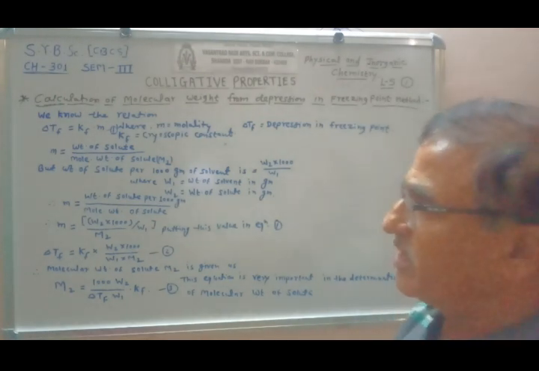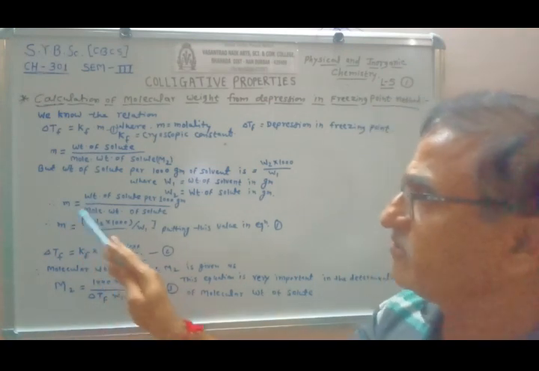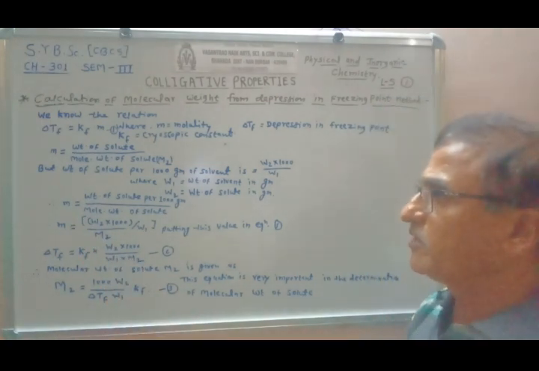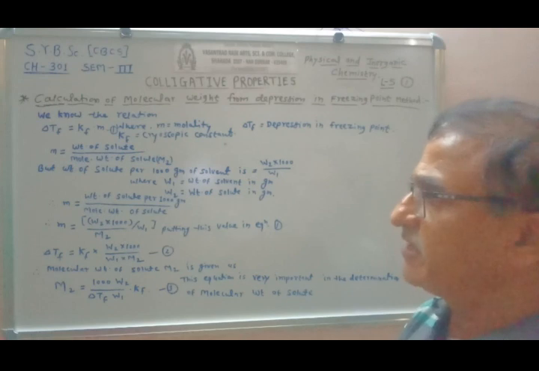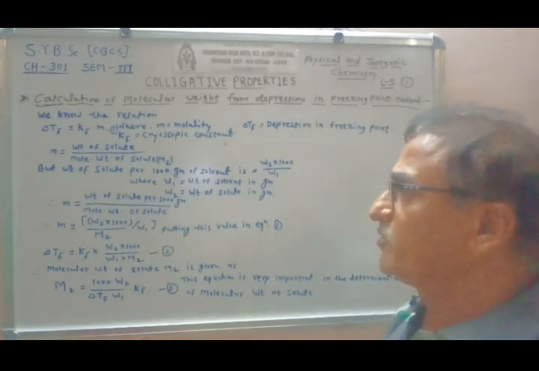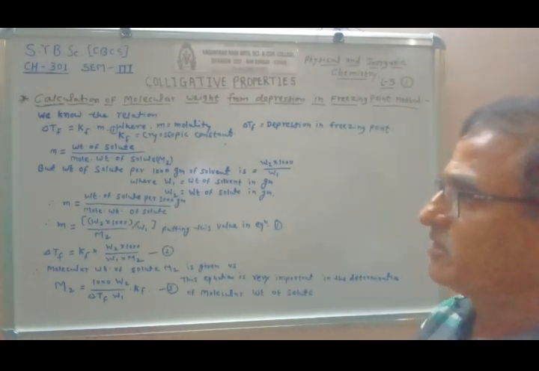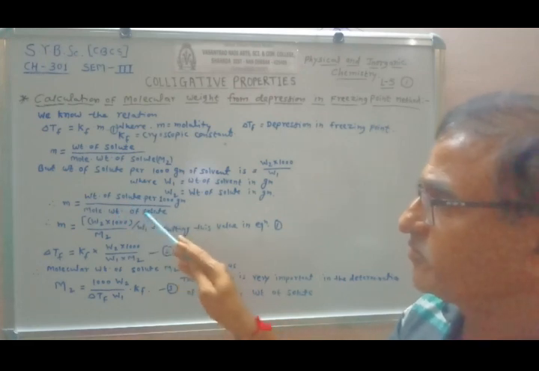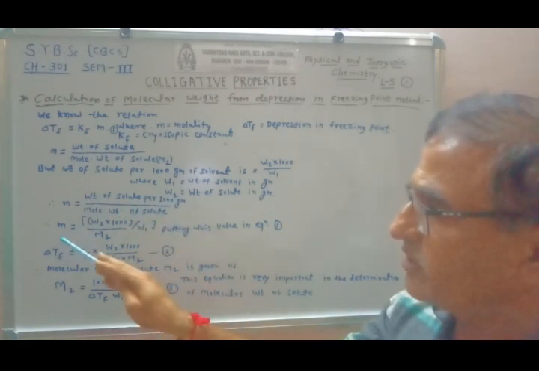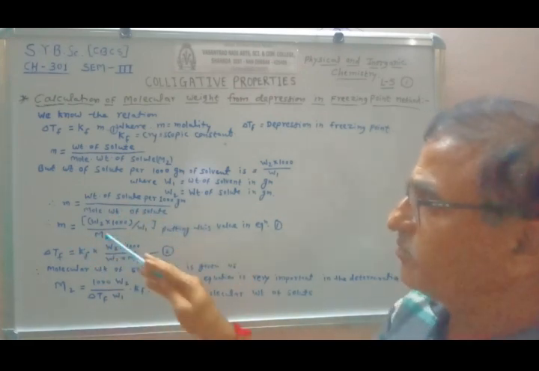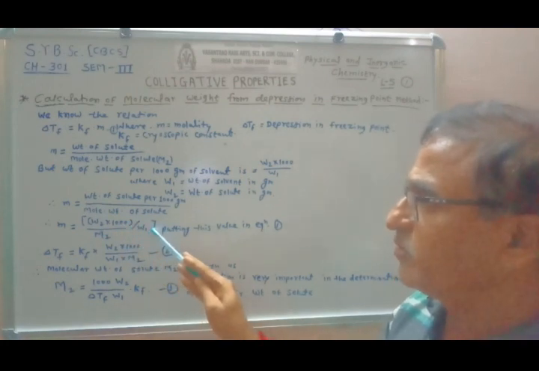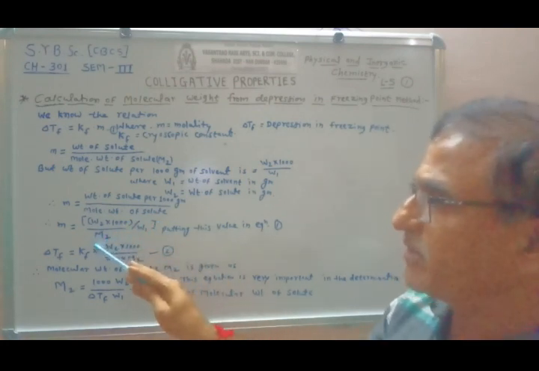Now, molality is equal to weight of solute per 1000 grams divided by molecular weight of solute, M2. Therefore, m is equal to W2 into 1000 divided by W1 into M2.